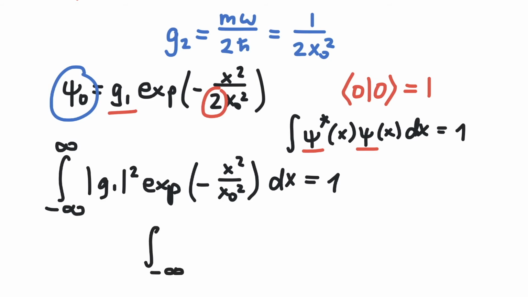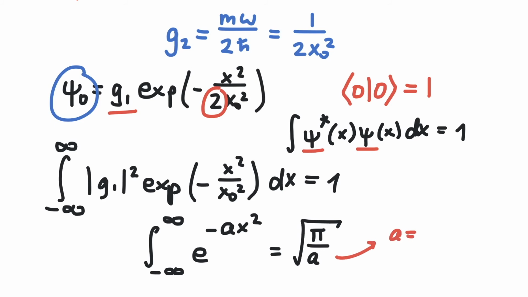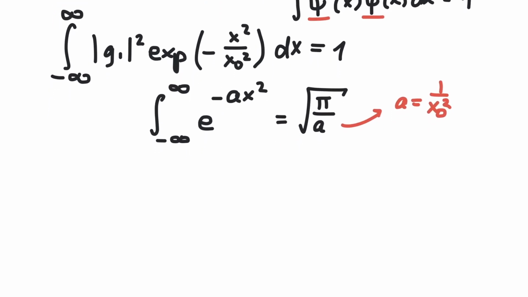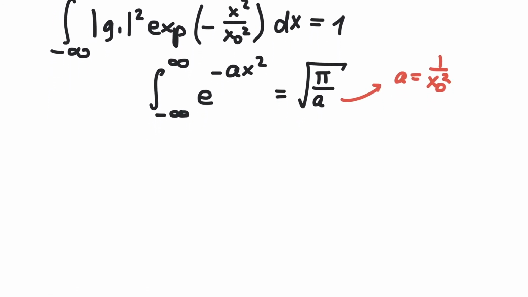So if you have an integral from minus infinity to plus infinity over the function e to the minus a x squared, this is simply the square root of π over a, whatever real number a is. And in our case, this a is 1 over x0 squared. This means this integral here is simply the square root of π times x0 squared.